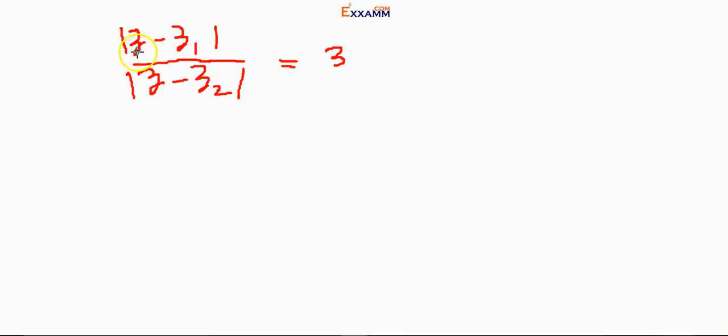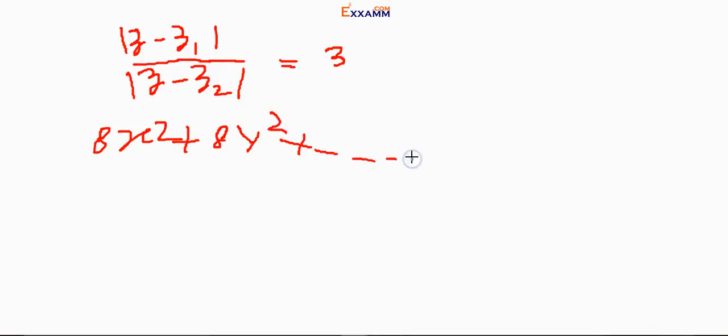So this would give us the value 8x square plus 8y square plus some expression in terms of x and y, say ax plus by plus c is equal to 0.